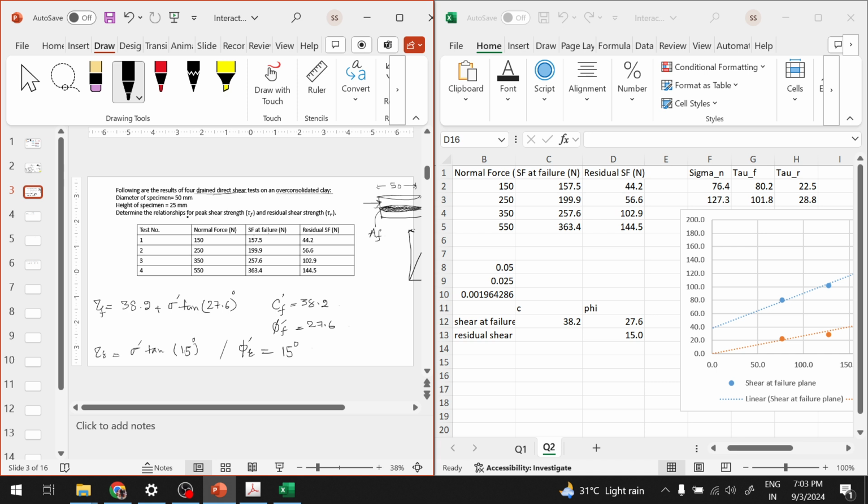So these are the relationships for peak shear strength and residual strength.